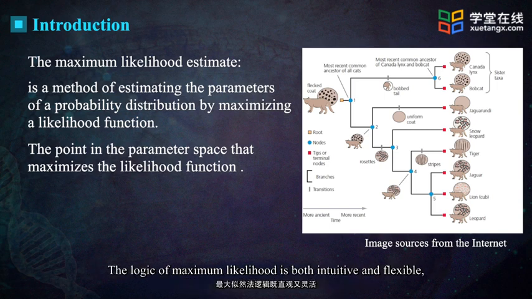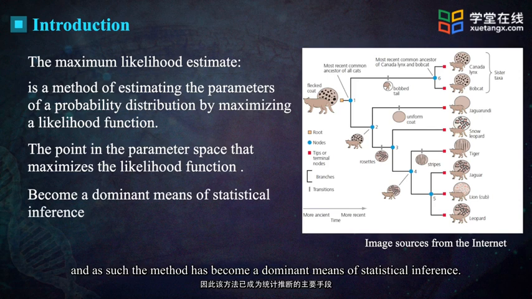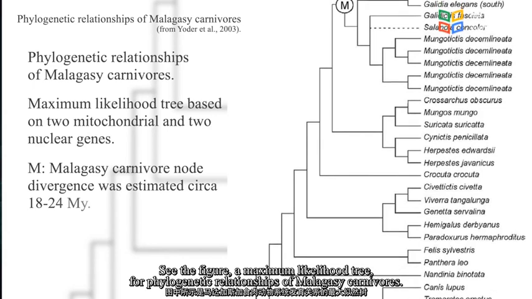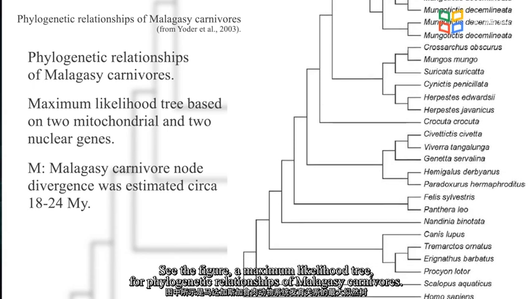The logic of maximum likelihood is both intuitive and flexible, and as such, the method has become a dominant means of statistical inference. See the figure, a maximum likelihood tree for phylogenetic relationships of Melagaceae carnivores.